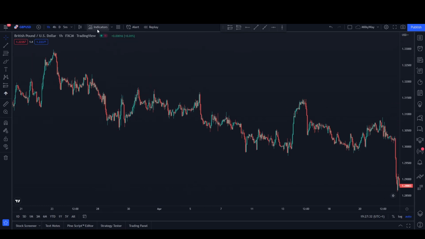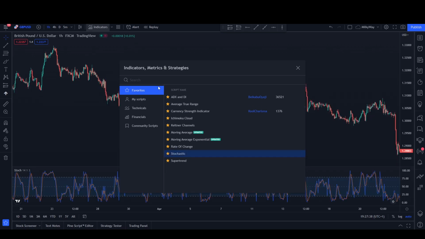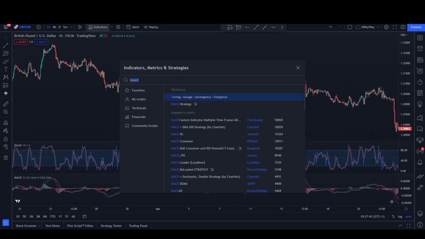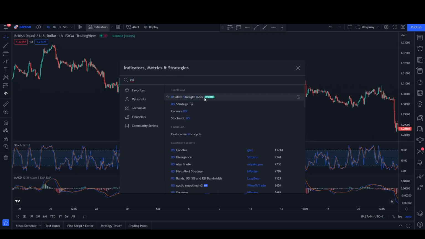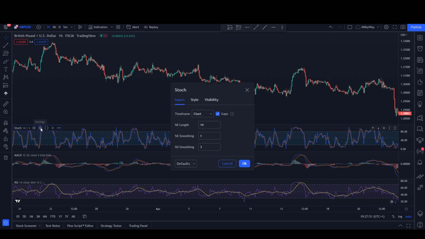So we'll go ahead and add the indicators. So we've got 3 indicators today. We've got the stochastic indicator, the MACD indicator, and the RSI. There's a slight change in the settings. In the RSI, we'll leave it like this.